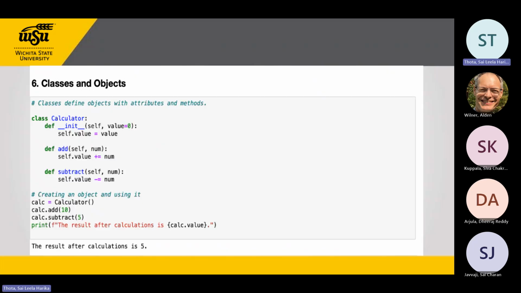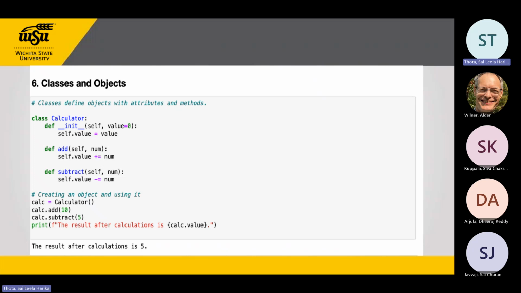Classes and objects. Here, I defined a class. I considered the class calculator, and I mentioned some functions like init, add, subtract. After declaring the functions, I try to add some numbers to that function. So I define the calculator and I try to add 10 to it.